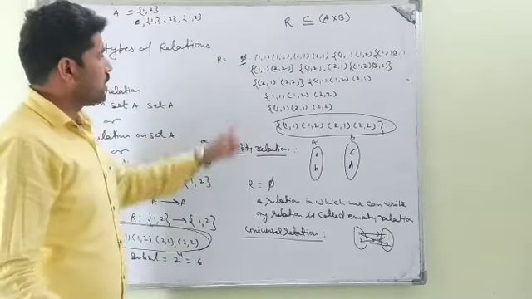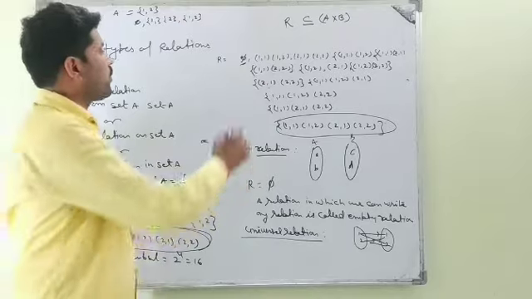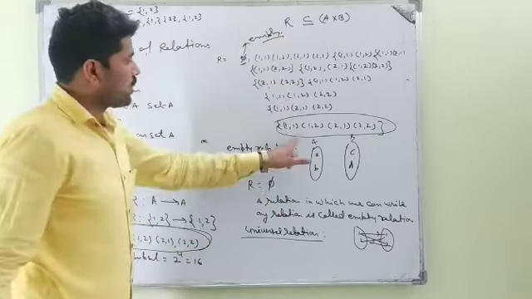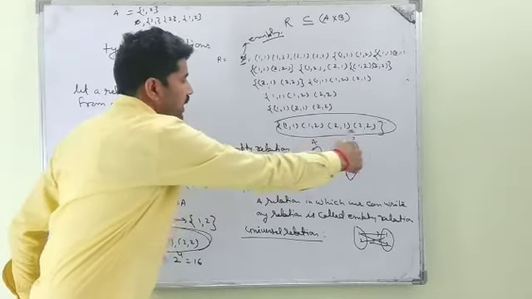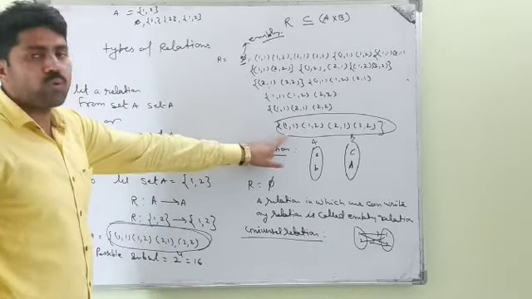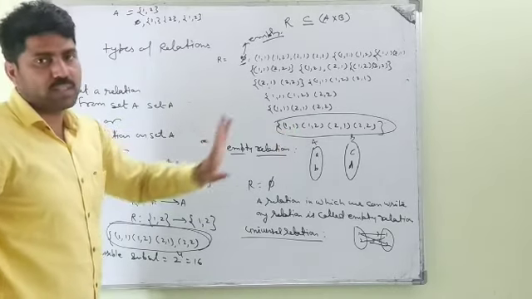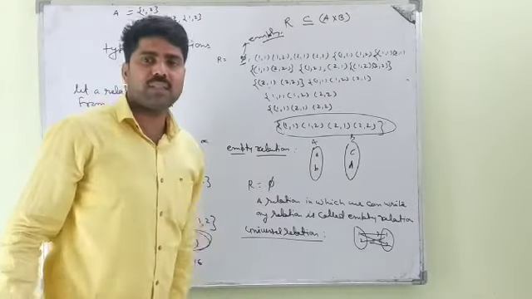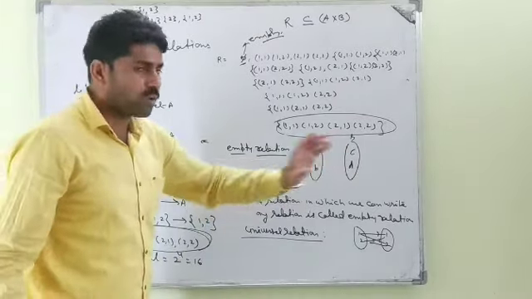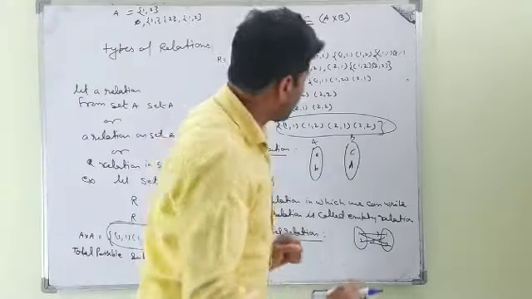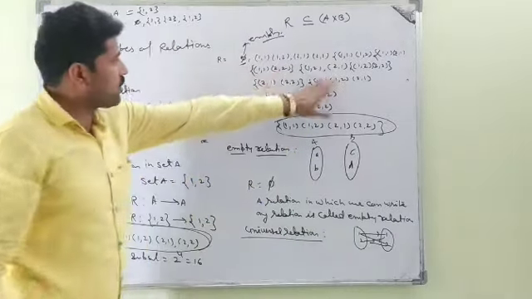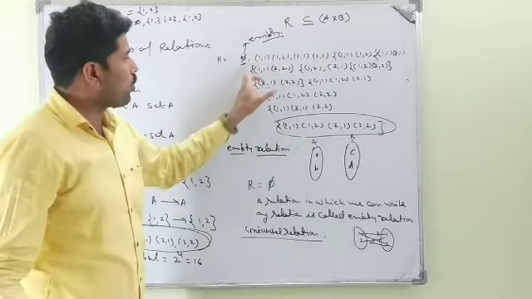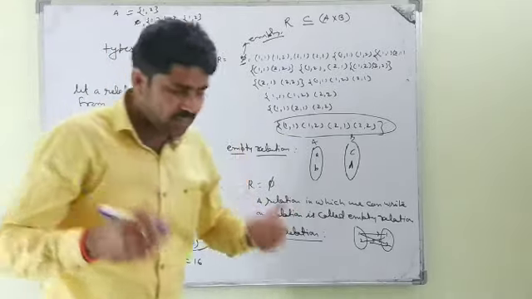The beginning one is the empty set, the empty relation, and the last one, the complete set, is the universal relation. Universal means all the images of set A with the other set. And what about the remaining 14? Total 16 were there. One is for empty, one is for universal. What about these? These are any other relations.